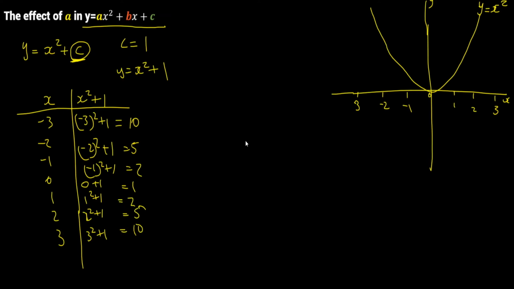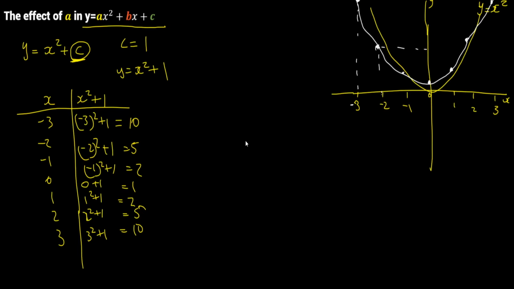And we take these points and we draw them. Okay, so we have our graph as the white one there.